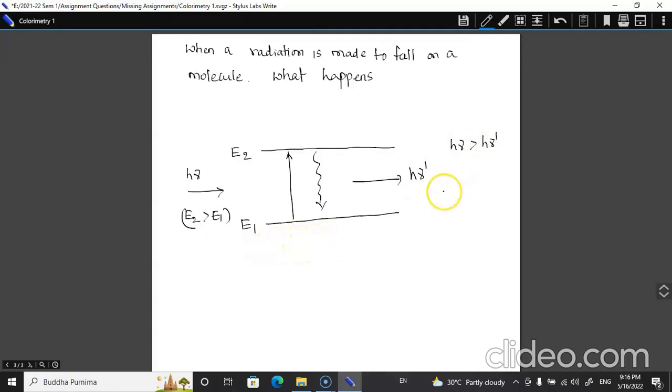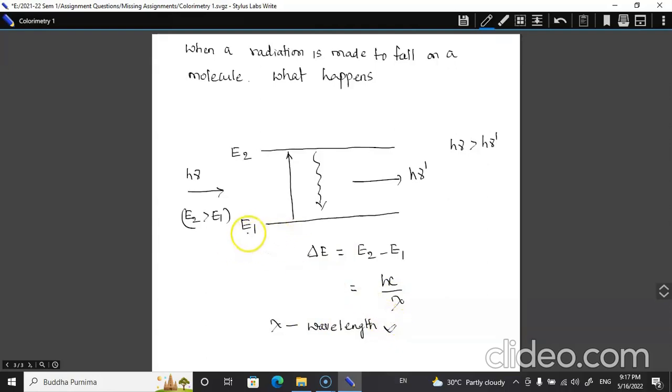Delta E, the energy difference between the two energy levels, is given by E2 minus E1, or delta E is equal to hc by lambda, where lambda is the wavelength. So emission depends upon the wavelength.